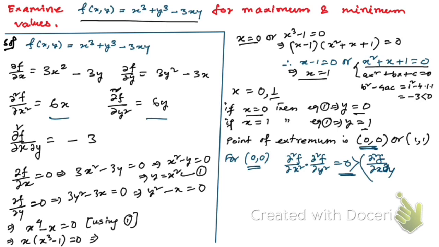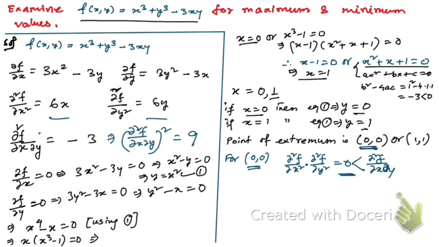Let me check this, just wait, give me a second. First let's find the square of this. If you square it, you're going to get 9, which is greater than 0. So here you see 0 is less than 9.